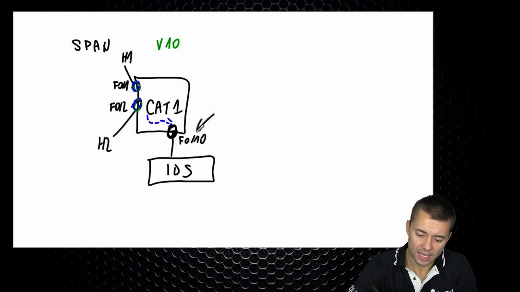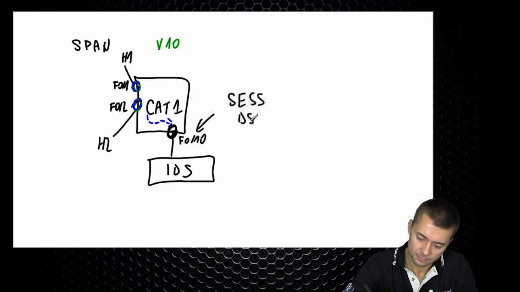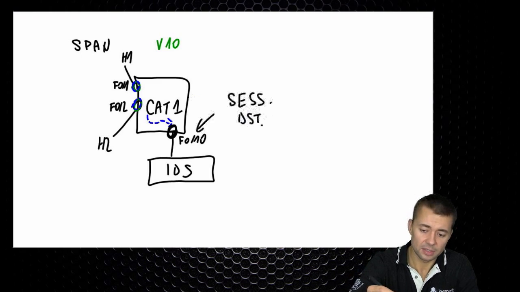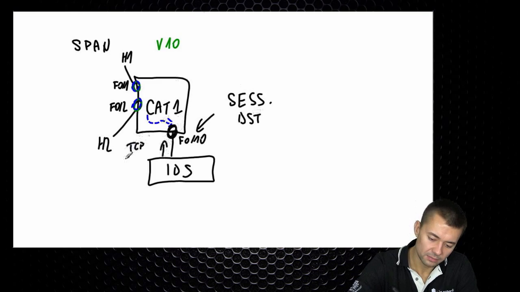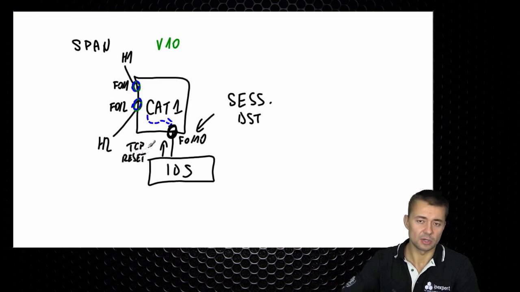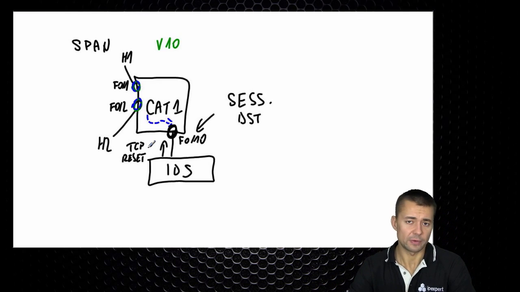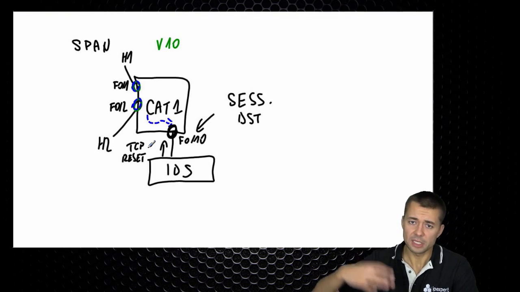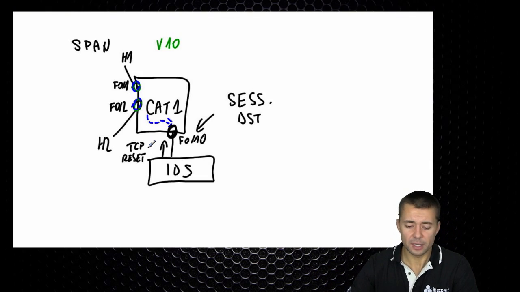So in this case, FO10 is our destination, which normally means that the switch is never going to expect any traffic to be received on this port. Like if the IDS sends a reset packet, so it wants to reset a session because the signature fired, which is configured with a reset action, it wants to terminate the session to protect the victim.